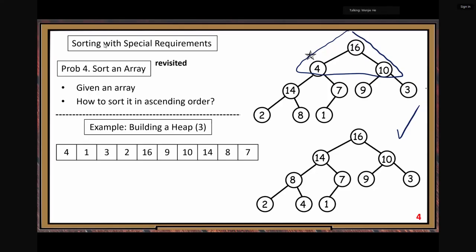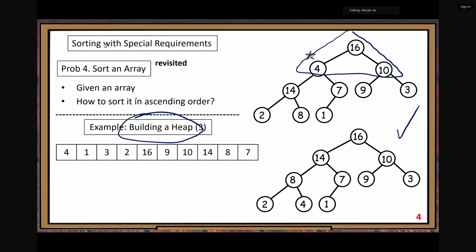But the next question is, when you do this process of building a heap, how much is the cost? That's important. If it's too expensive, then your heap sort could be very slow, because in order to apply heap sort, you need to build a max heap first.